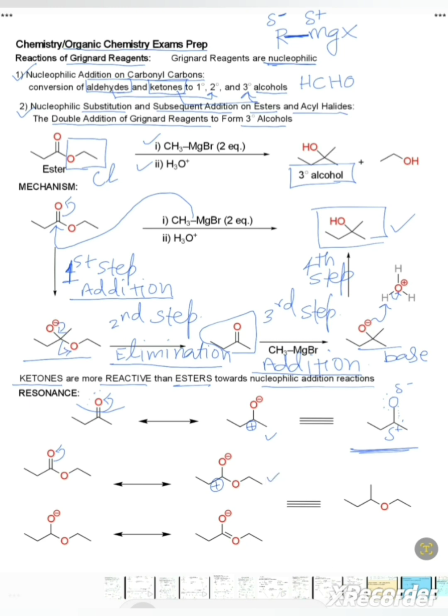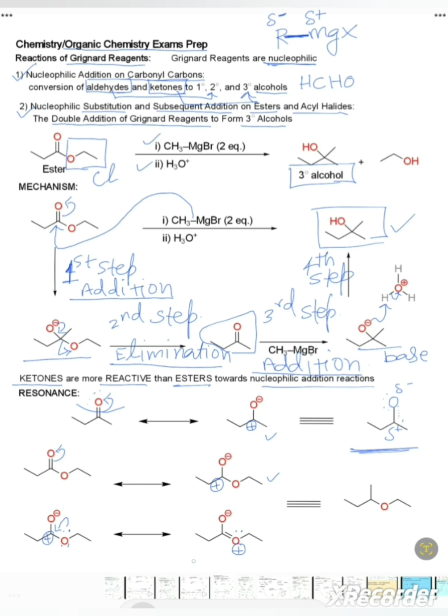But there is another possibility here, further resonance, that is due to this oxygen here. So the lone pairs on the oxygen would make a pi bond here between the carbon and oxygen, and hence this oxygen gets a positive charge.